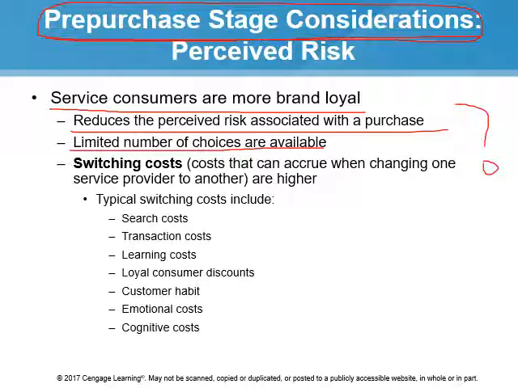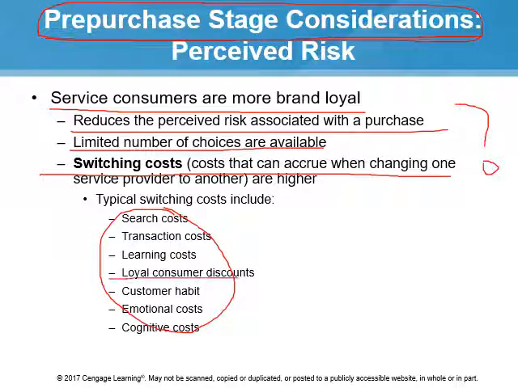And then there is more of a switching cost that is a relevant factor in services as compared to goods. When it comes to goods, most of the time the switching cost is not that high, but when it comes to services, the switching cost can be a lot more. So what kind of costs are we talking about? We're talking about search cost, transaction cost, learning cost, loyal consumer discounts, consumer habit, emotional cost, cognitive cost.